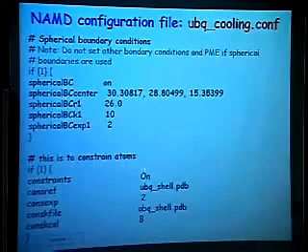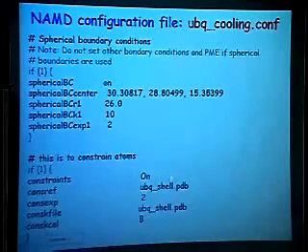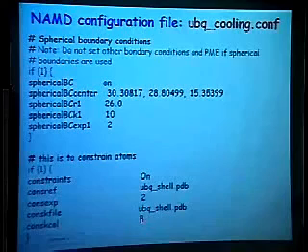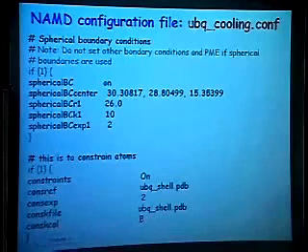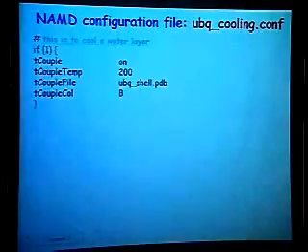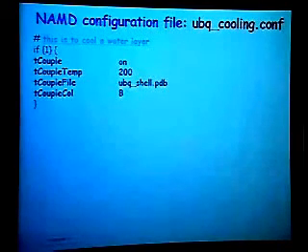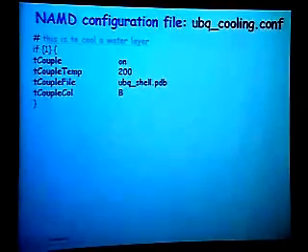Then, you also have to specify the constrained atoms, which will be subject to Langevin dynamics. You are just specifying that the constraints are on. You give the PDB file in which the B column, which is specified in this line, the constant K column, tells you that those atoms which have the value 1 or a non-zero value in the B column will be subject to the Langevin dynamics method, or stochastic dynamics, different from the rest of the system, which is subject just to Newtonian mechanics.